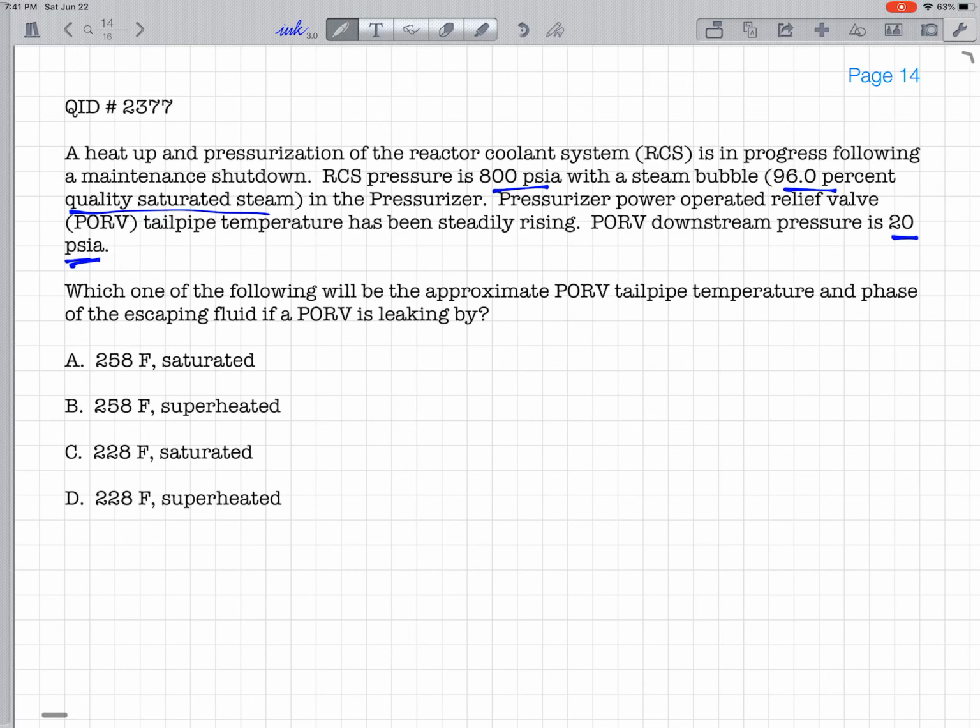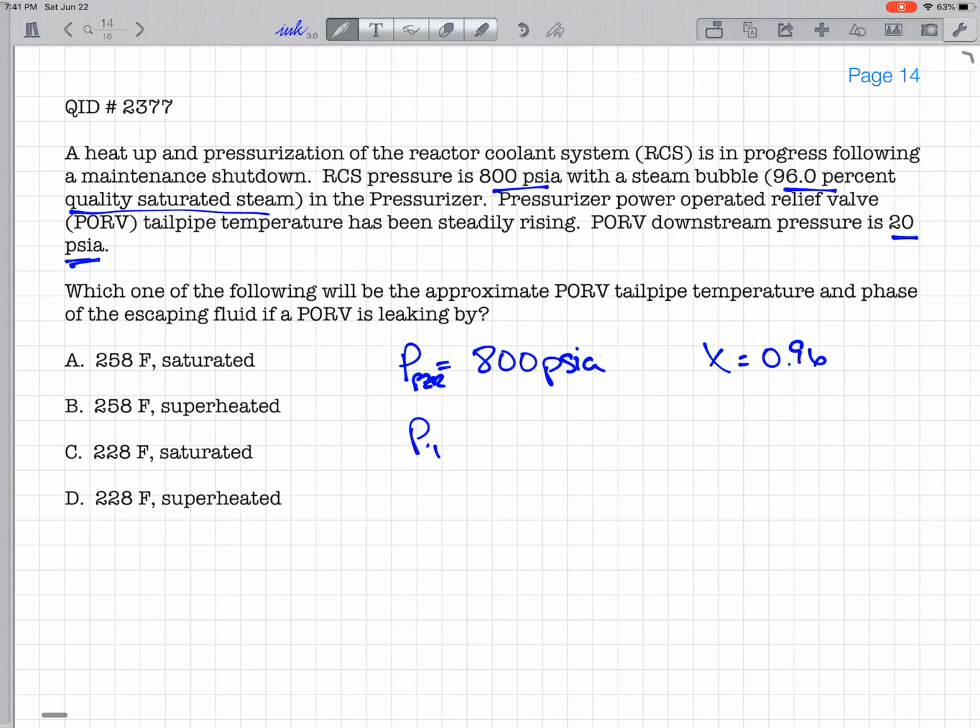Alright, so the first thing we got to see here is RCS pressure is 800 psia, and that's pressurizer. And it's saturated, but the quality is only 0.96.